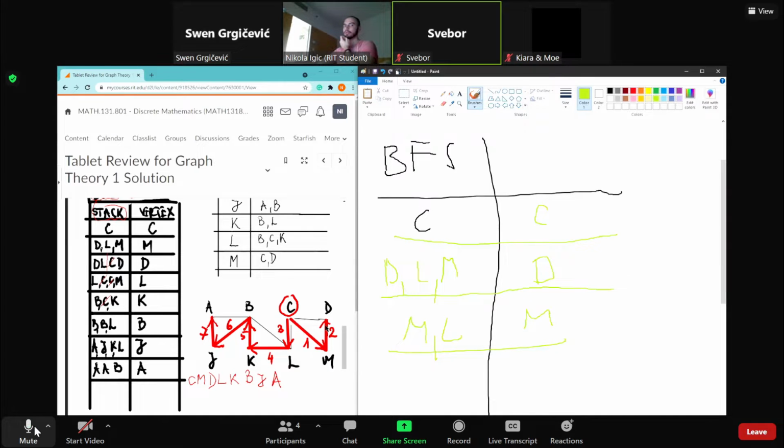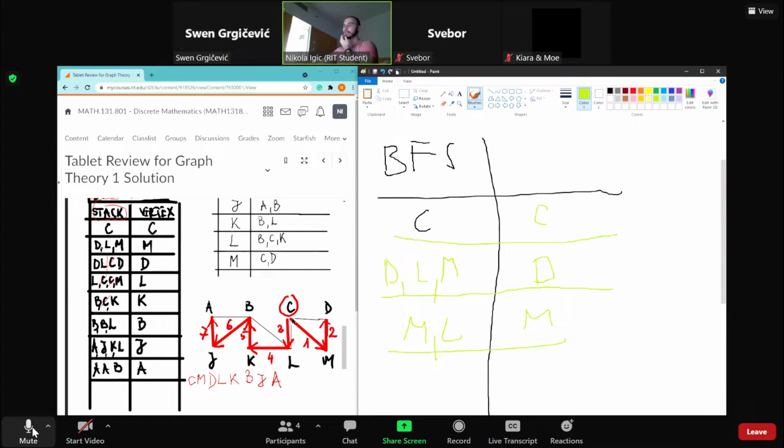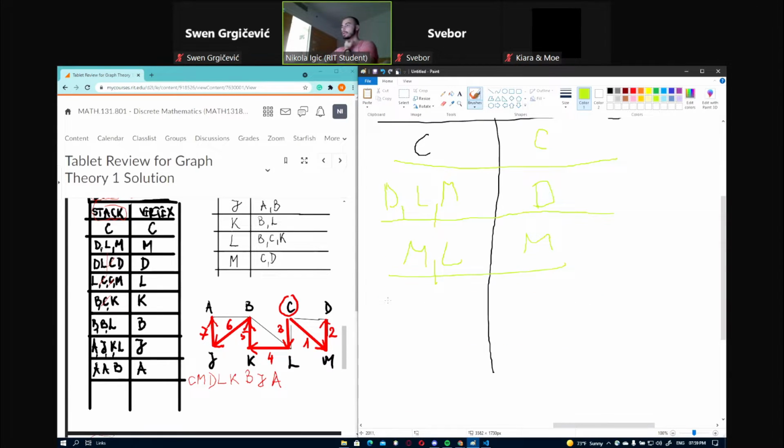Not L. Yeah, from C to D. But I'm thinking how to write. But I need to write all here. Oh, I wrote L. Okay, my bad. I thought this is C and I confused myself. It's not C itself.